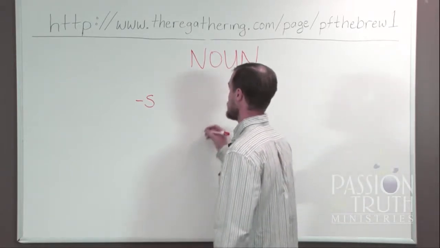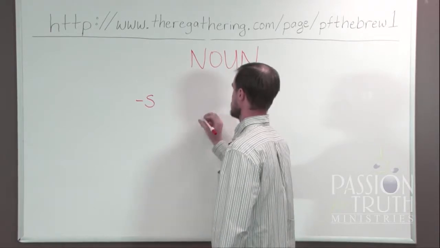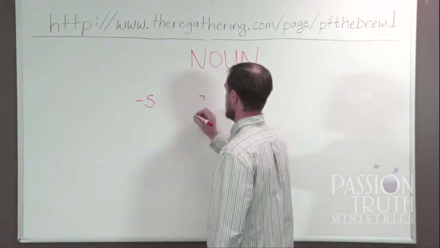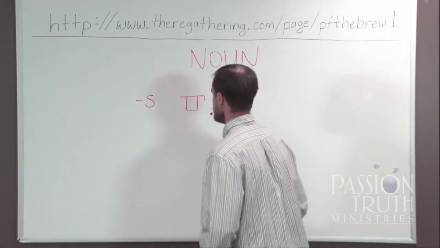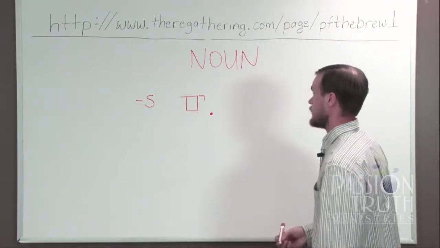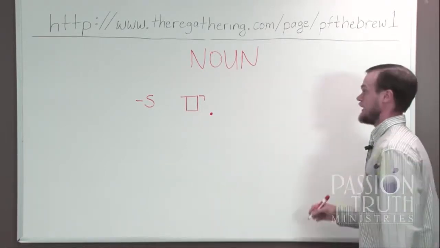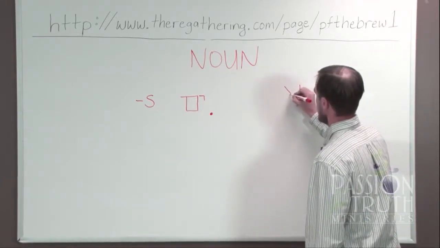For masculine nouns, the plural suffix is a chirek vowel, followed by a yod, followed by a final mem. Okay? Pronounced im. So, for a masculine noun, let's take ach.